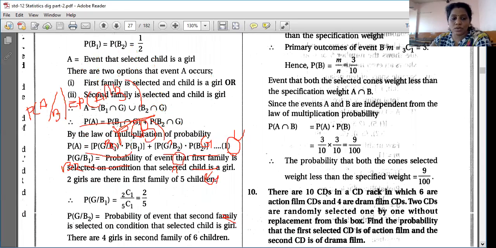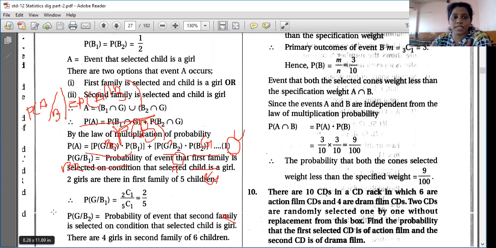Two children are there in the first family of 5 members. So 2 girls are there. So P of G upon B1 equals 2C1 upon 5C1, that comes to 2 upon 5, right? Now P of G upon B2 equals, what is that? The probability that a girl is selected on the condition that the second family is selected.